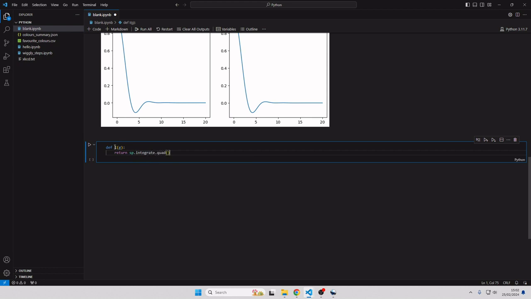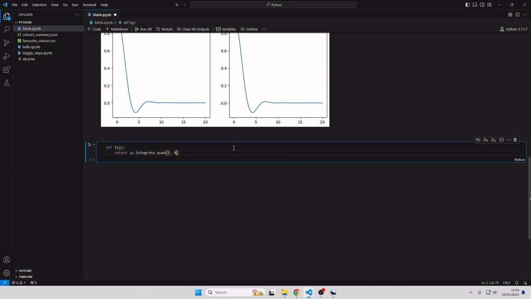We're basically going to rely on this function sb.integrate.quad. Quad is short for quadrature. Quadrature is a kind of old name for numerical calculation of integrals. So we're going to do numerical quadrature of the function f.